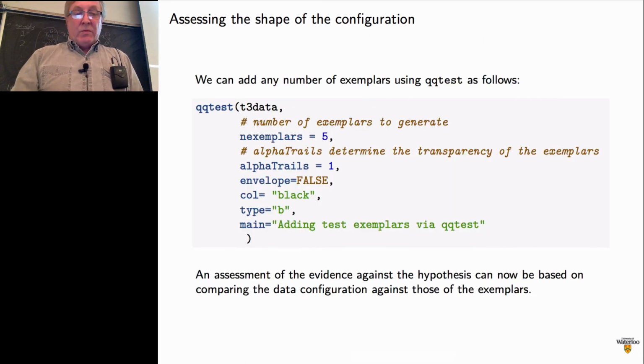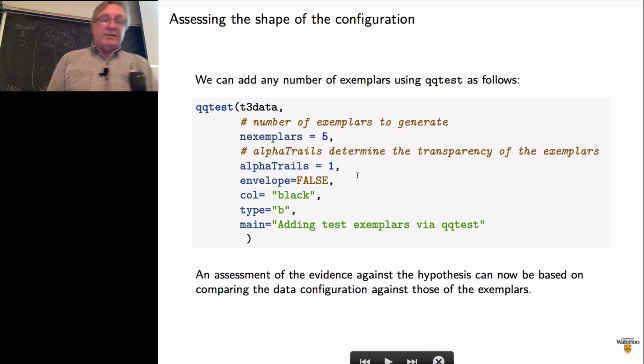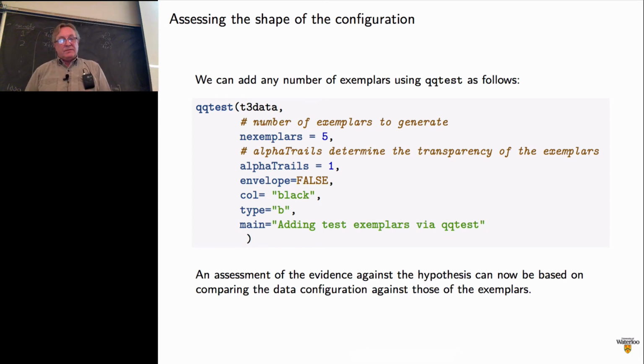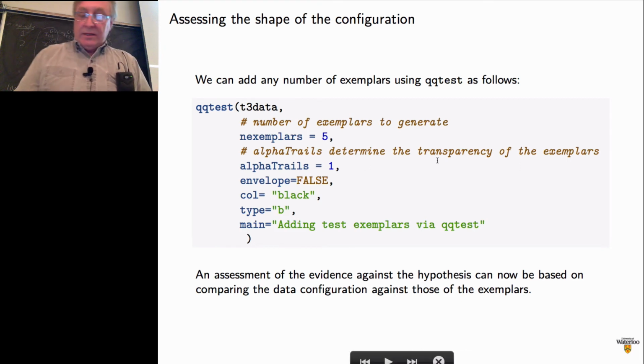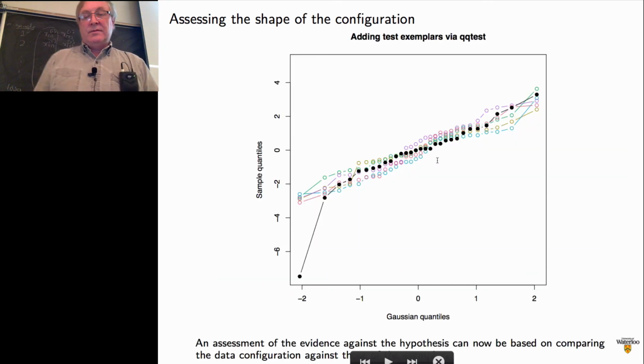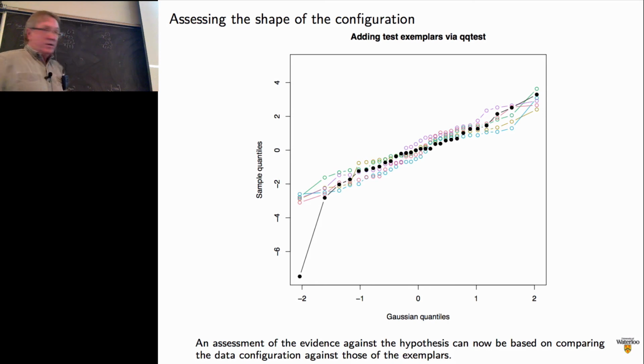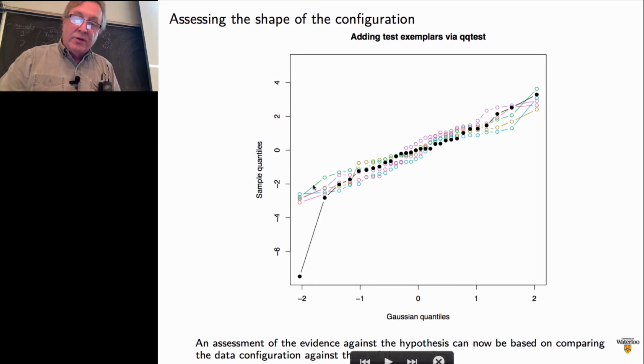So what we're going to do is use so-called exemplars, just some examples with different colors, and it's easier to show you than to talk about. So the colors are now curves. Those are little QQ plots for 5 different samples.